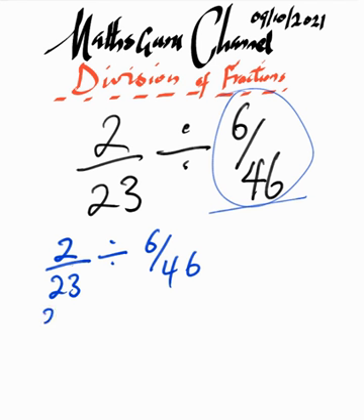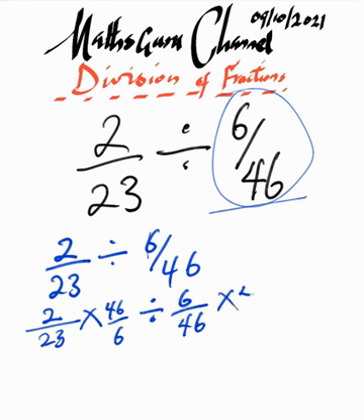So we are going to have 2 over 23 multiplied by the multiplicative inverse of the divisor, 46 over 6, divided by 6 over 46 multiplied by 46 over 6.